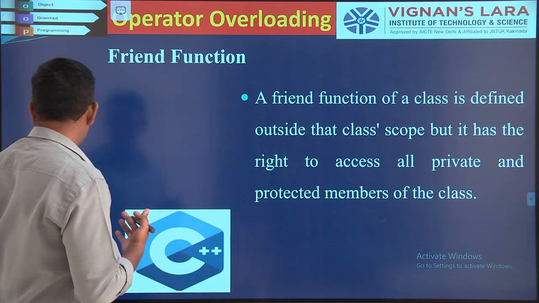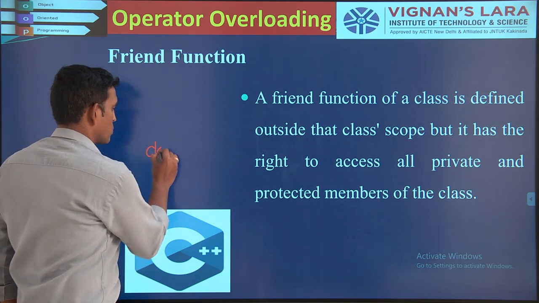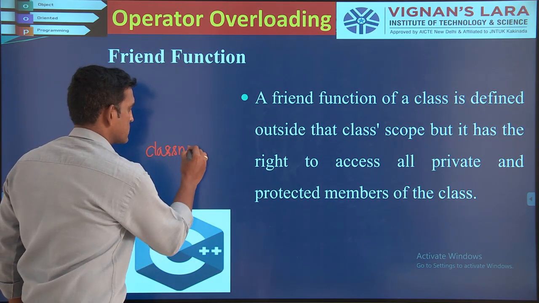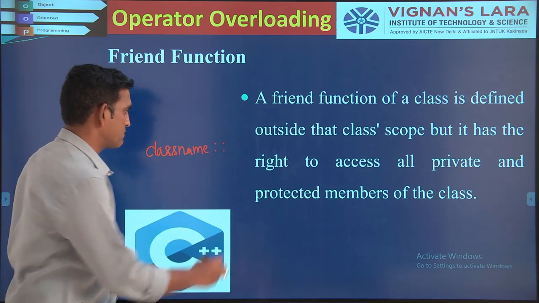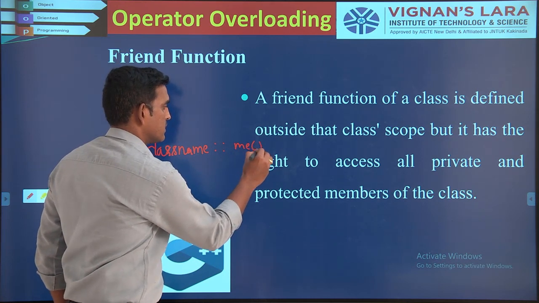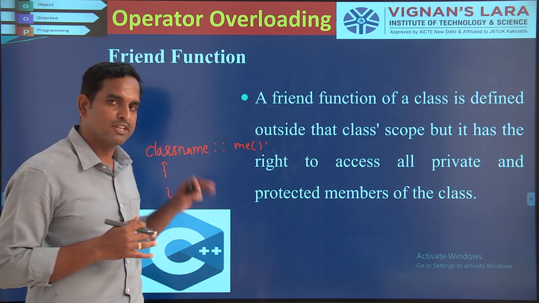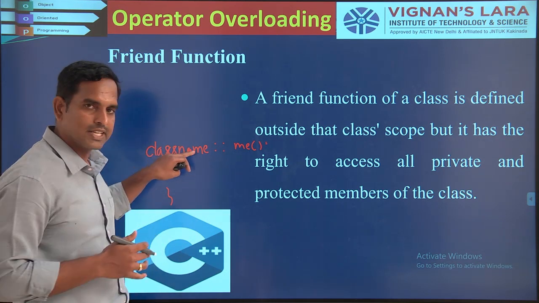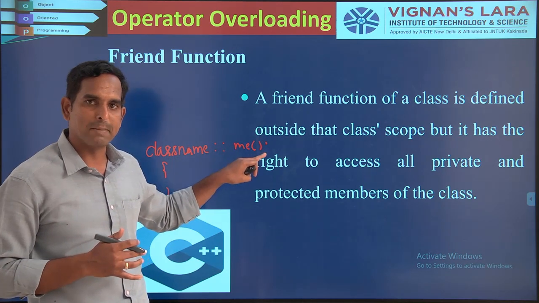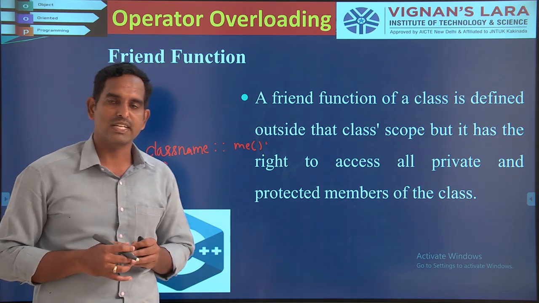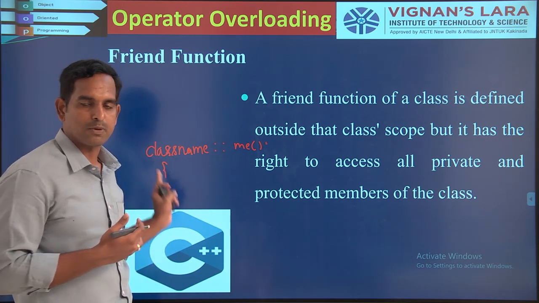I think you remember that whenever you want to define a method outside the class scope, you have to use the scope resolution operator. You write the class name, then the scope resolution operator, and after that the method. If you want to define the method outside the class, you use this process.